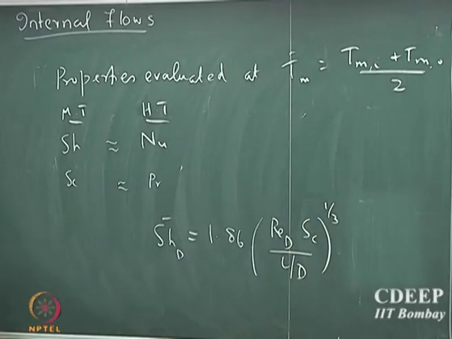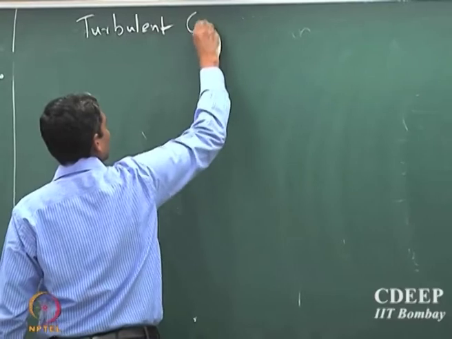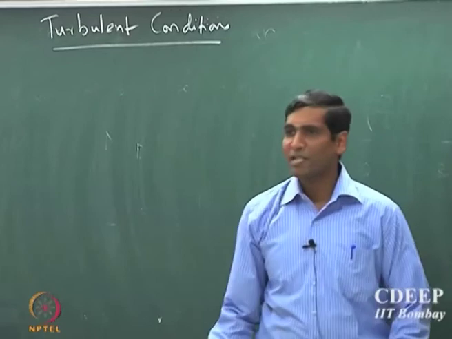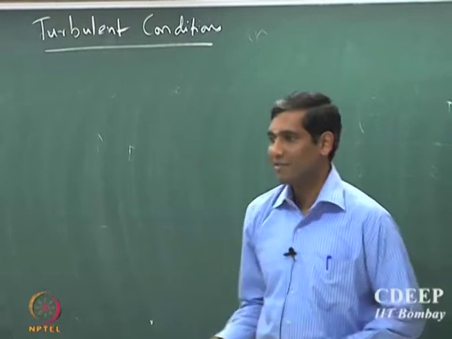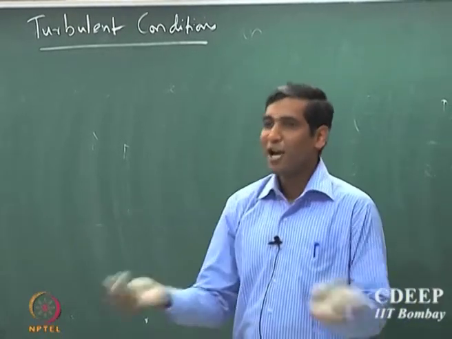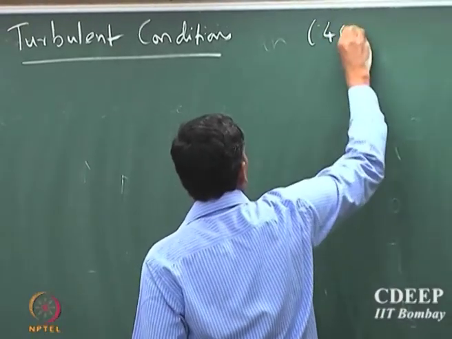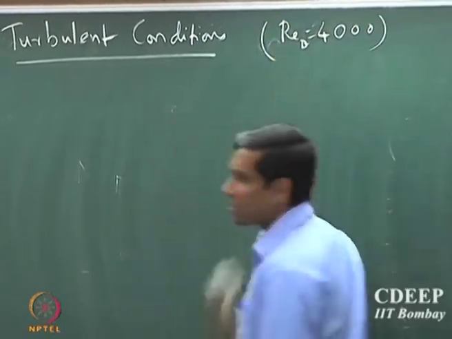Alright, so the last piece of the puzzle for internal flows is the heat transport coefficient during turbulent conditions. We never talked about turbulent conditions. What's the Reynolds number for transition? 2100 for laminar to the transition region, and typically 4000, though of course it varies a lot depending upon the nature of the fluid and the surface of the tube.